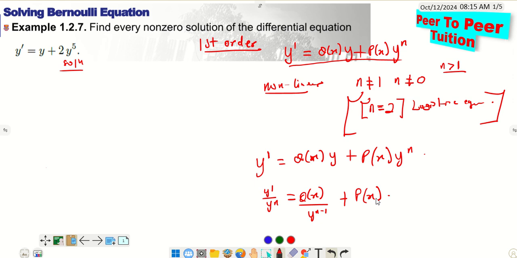So that is it. So this equation here is a Bernoulli equation.